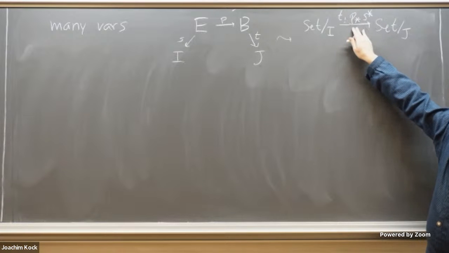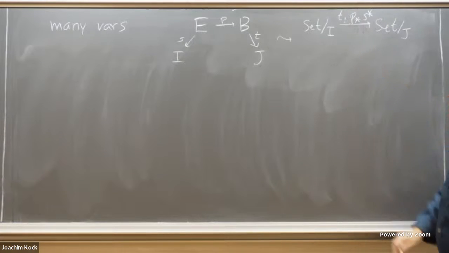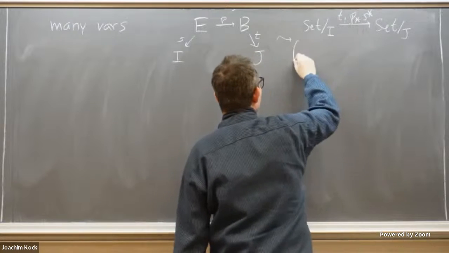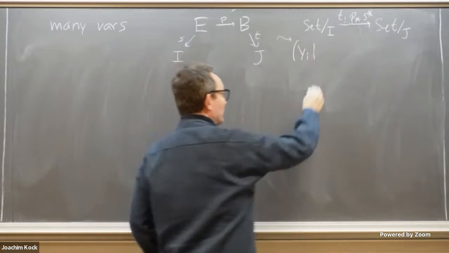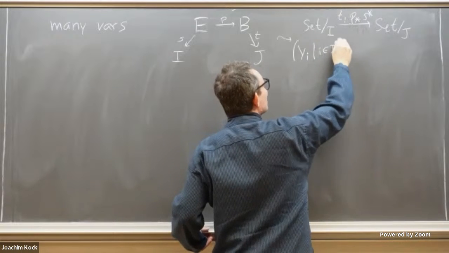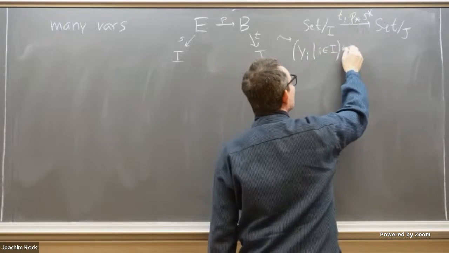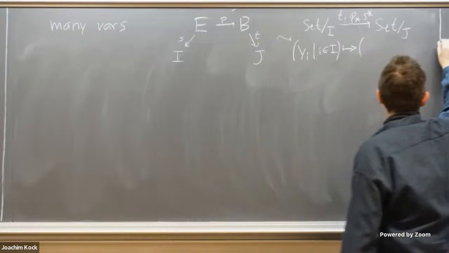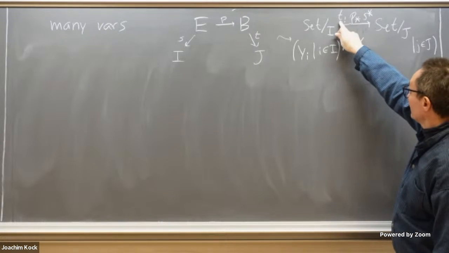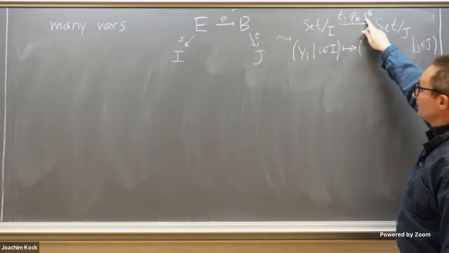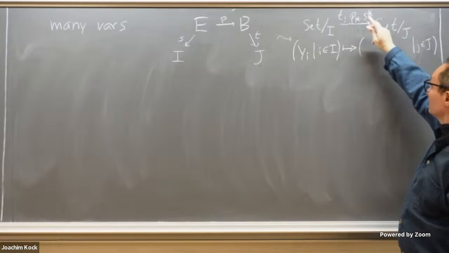I'm now going to tell you what this is explicitly. So the input is a family of sets indexed by I. I write it like this. And now I have to tell you what it is, and it's a family indexed by J. And I said this is sum, this is product, this is some kind of duplication of variables.